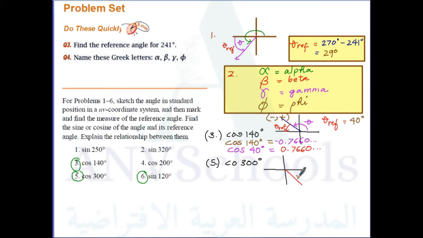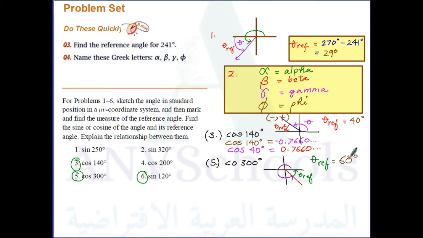And of course, this would be our reference angle, theta ref, and this would be the theta. So my theta ref here would be equal to 360 minus 300. So 360 minus 300 is just 60 degrees. Okay? This is my theta ref.